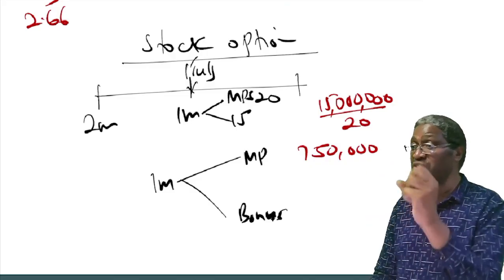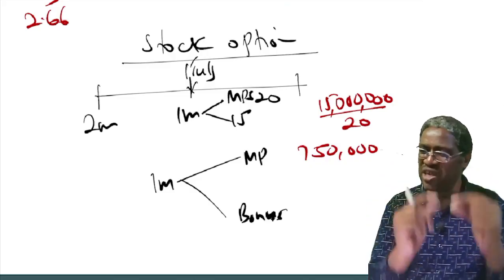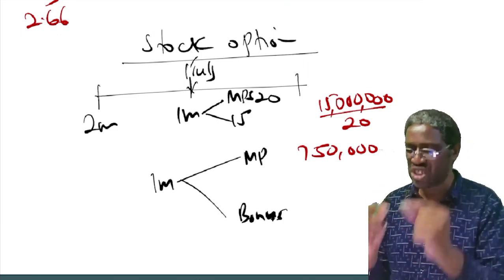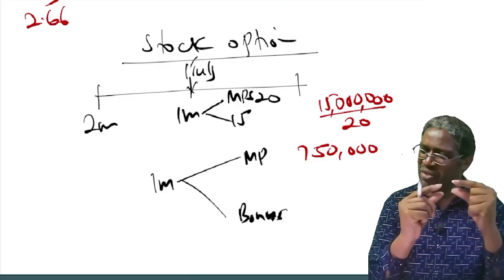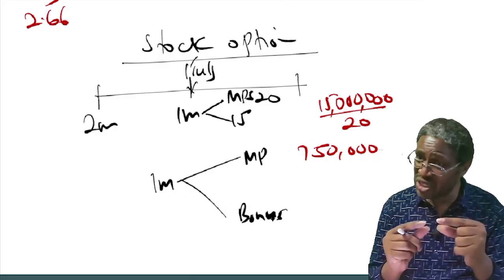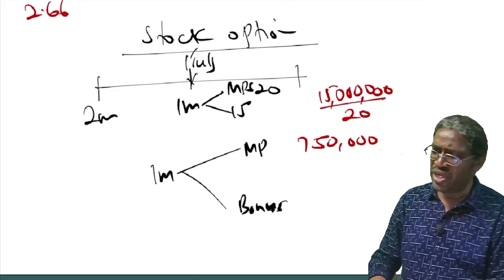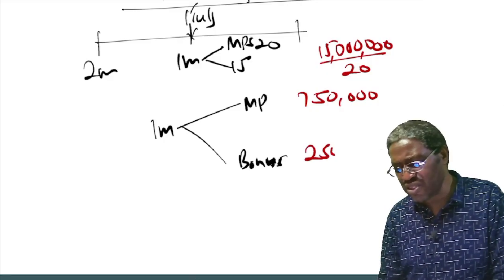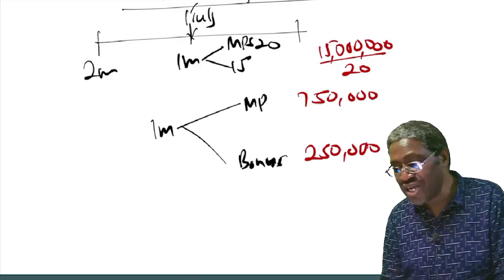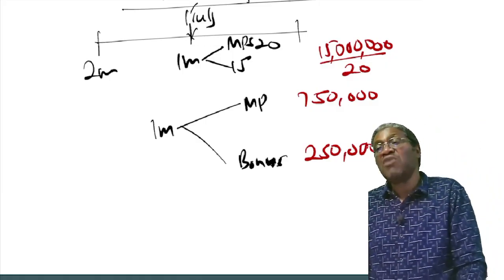They gave us only 15 million shillings, but we gave them 1 million shares. We should have given them 750,000 shares, but we gave them 1 million. So automatically, there is another 250,000 shares which we are considering that we gave them for free.